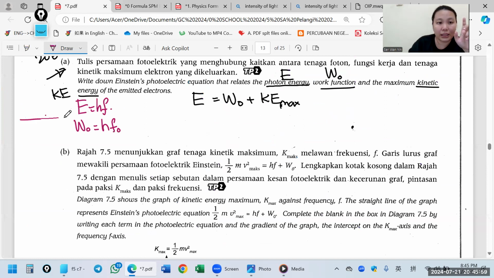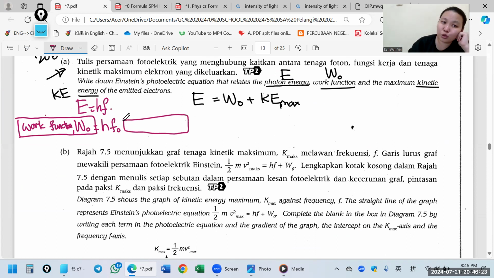We call this the work function, the energy absorbed by the electron to overcome the binding. And this we call the threshold frequency. And KE max.